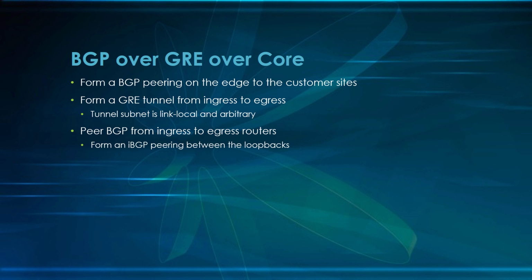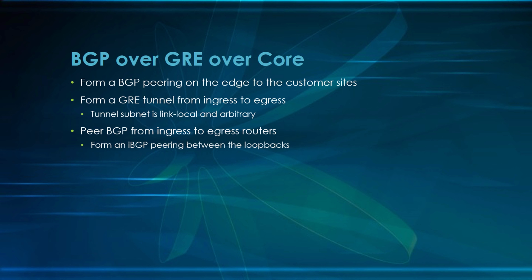But instead of using the tunnel interfaces, tunnel 1 and tunnel 1, 10.0.0.1 and 10.0.0.2, as long as both routers see each other's loopbacks and can reach them, that's where you're going to form your iBGP peering.